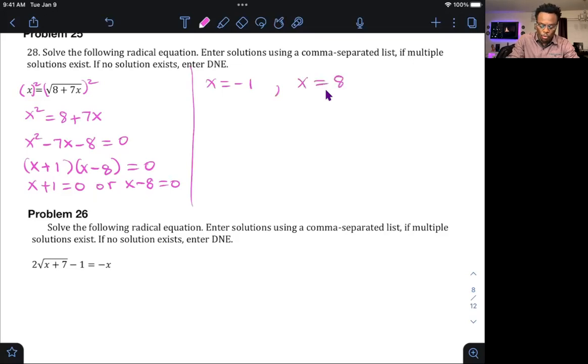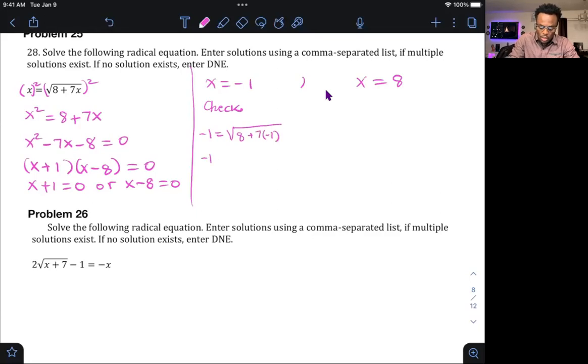So we want to check each of these solutions. You should check. You must check. So that's -1 equals square root of 8 plus 7 times -1.